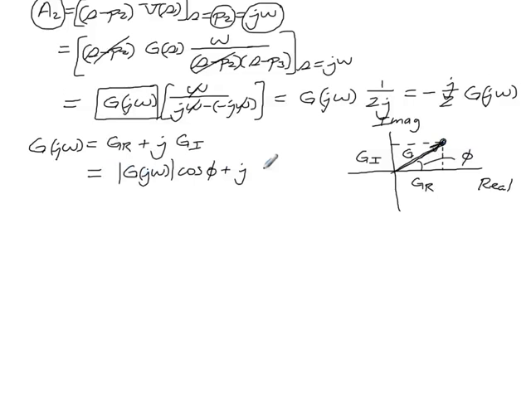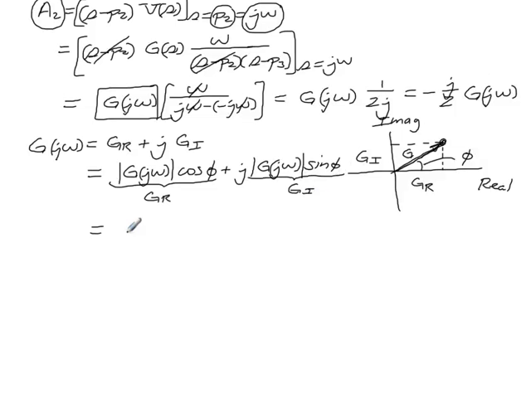And then there's j times the magnitude of G(j omega), that's the imaginary part, when we multiply that by sine of phi. So this is a polar description of Gr, and this is a polar description of Gi.